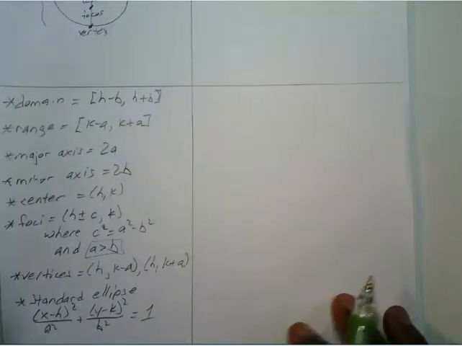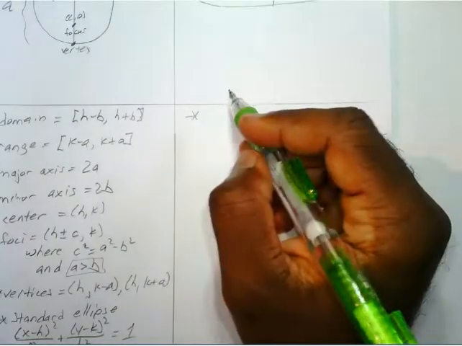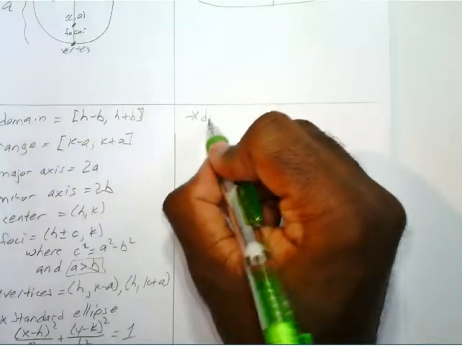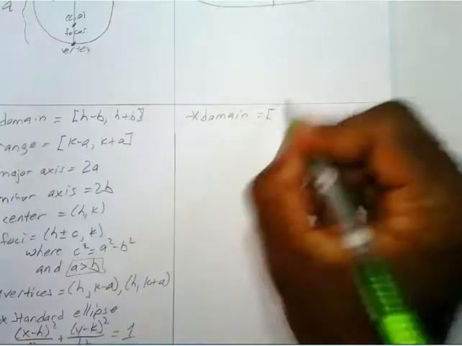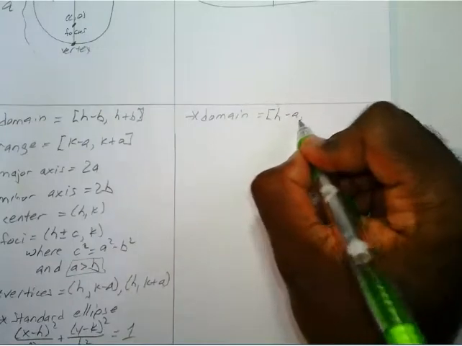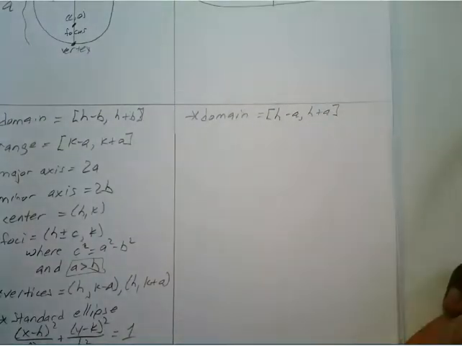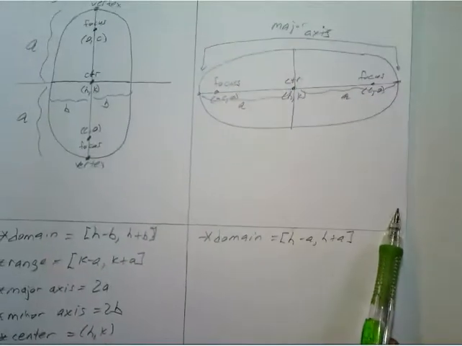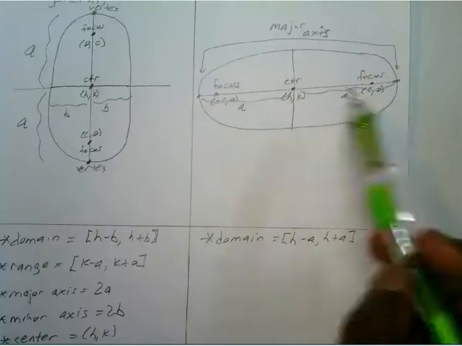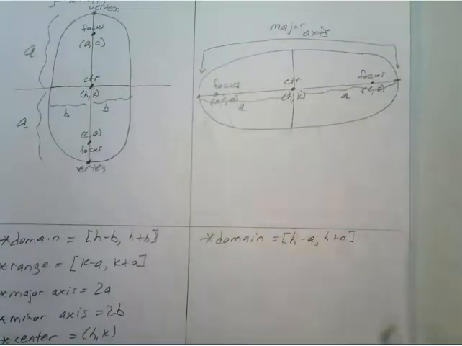All right, now we're going to look at the domain when it's elongated horizontally. Your domain is going to be [h minus a, h plus a]. Okay, because remember your domain is your x-axis. So h minus a, h plus a, so that's your domain.